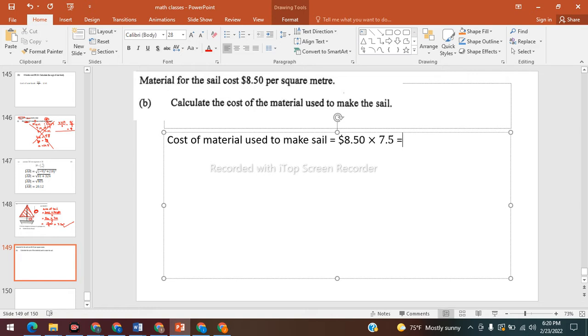I was so congested. 8.5 multiplied by 7.5 is $63.75. Yes, $63.75. That's what I also thought.